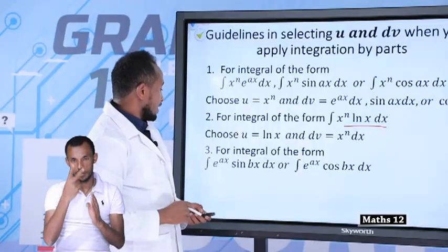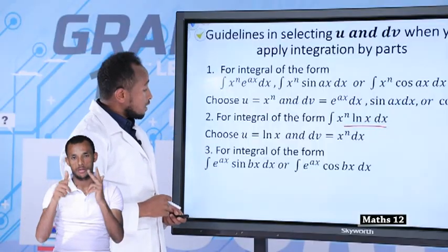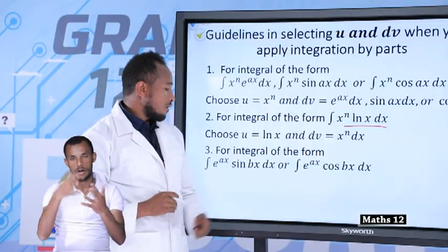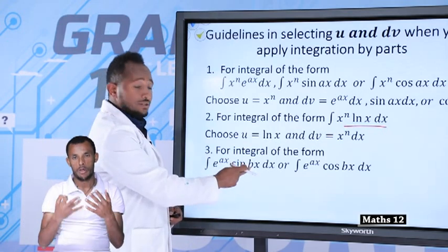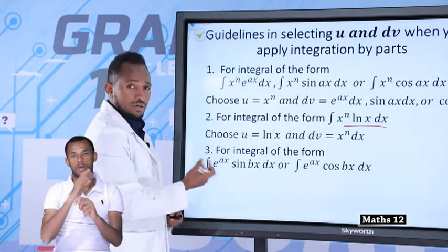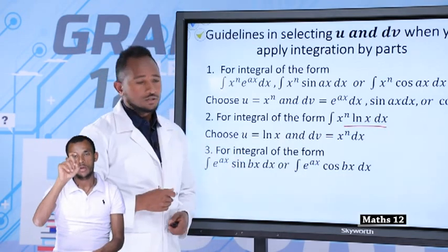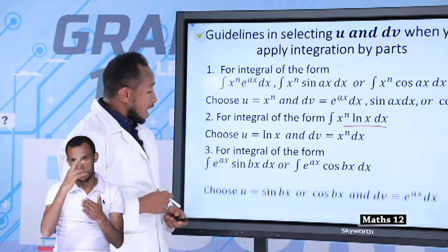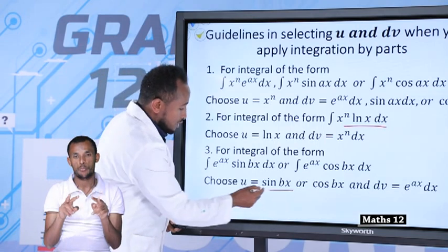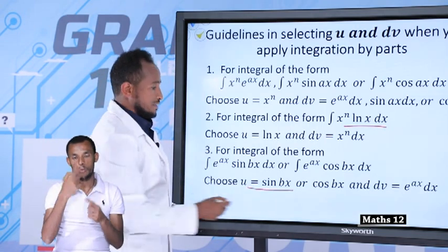And let's see the other guideline, guideline number 3. For an integral of the form exponential and trigonometric, e raised to ax sine bx dx or e raised to ax cos bx dx, in this case assume u to be the trigonometric part.